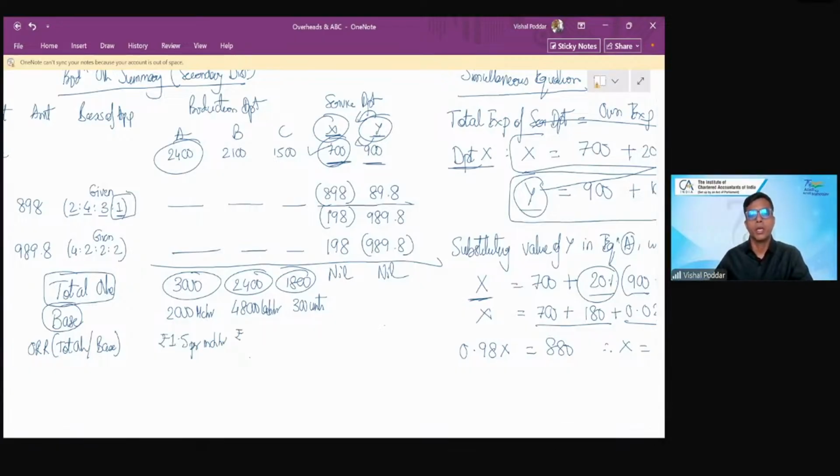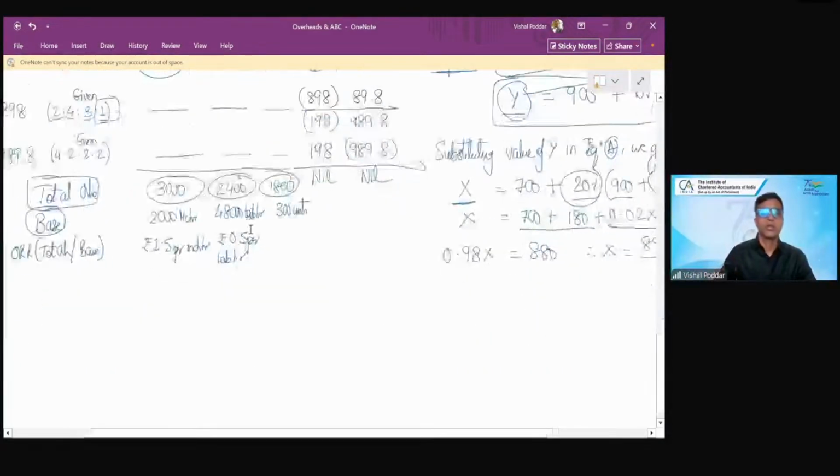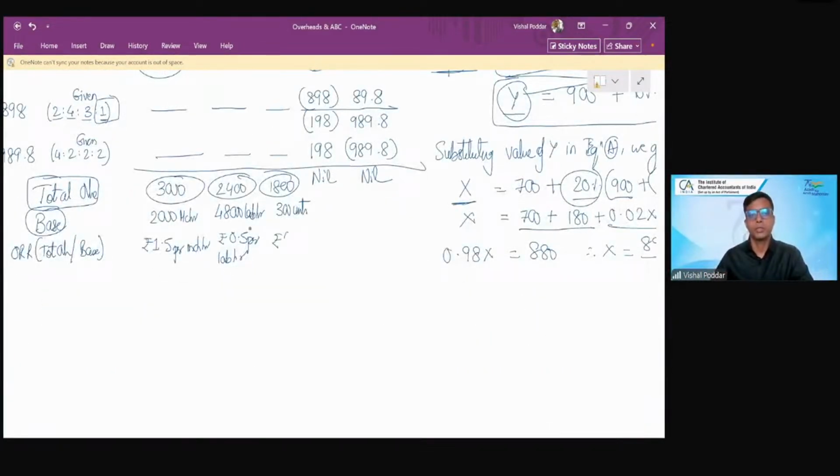Here it is coming as 0.5 per labor hour. And here it is coming as rupees 6 per unit. So these become your overhead recovery rate, overhead charging rate for each department, which we get in 3 steps: primary, secondary, and then finally dividing the total overhead by the base.